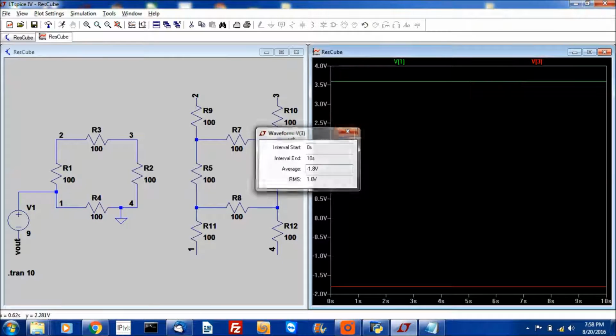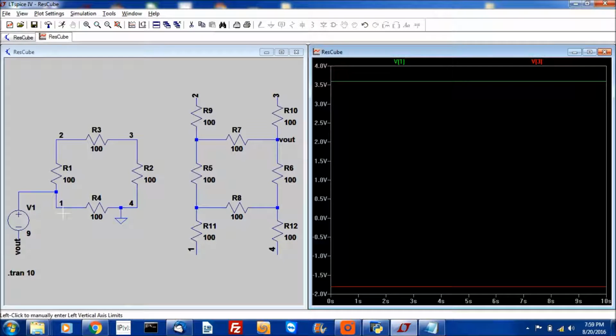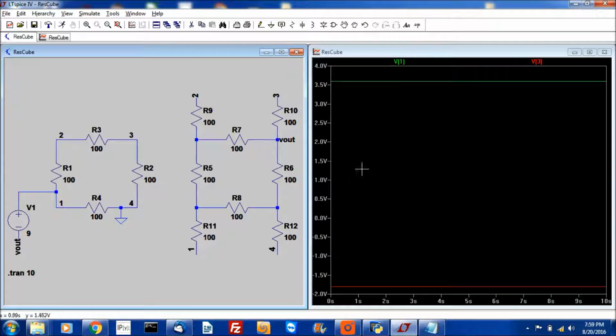And similarly, for 1 we got 3.6, so if I click on node 1 here, it should be exactly the same amount, so that should be 3.6, that's the green here. And if I click on the 3 that we have measured, that should be 1.8 also.